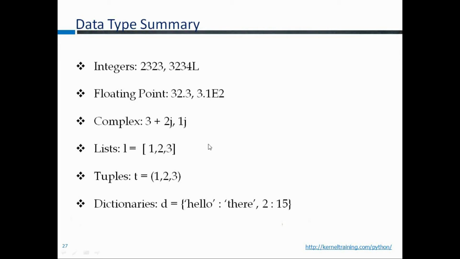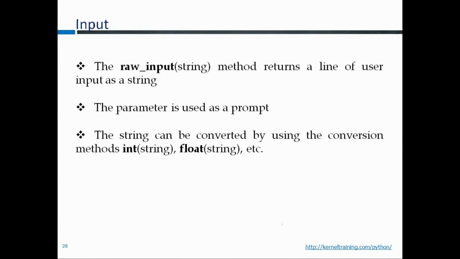Your list representation is with square brackets, your tuples use normal braces, and your dictionaries or maps use curly braces. When you are coding, you have to make sure, when you are representing the information, that these are taken care of so you are not confusing the system by replacing a dictionary with tuples, etc.